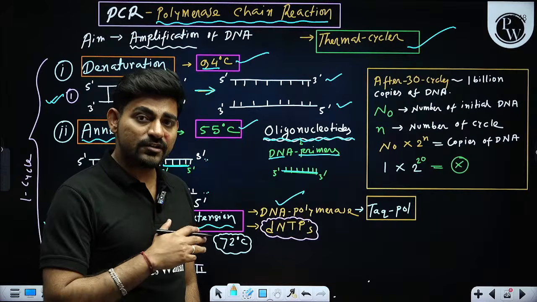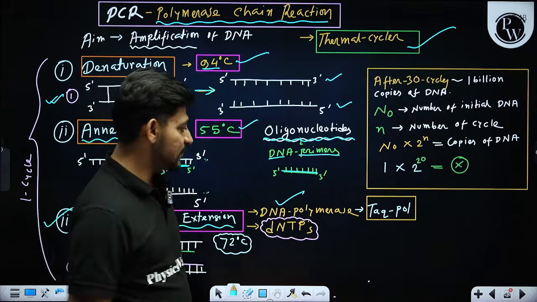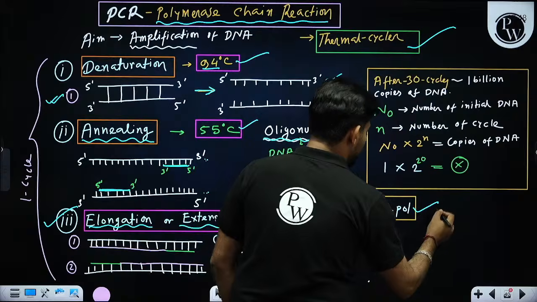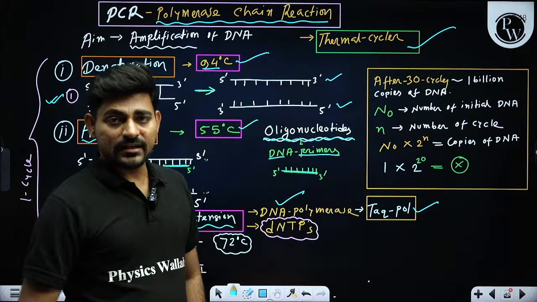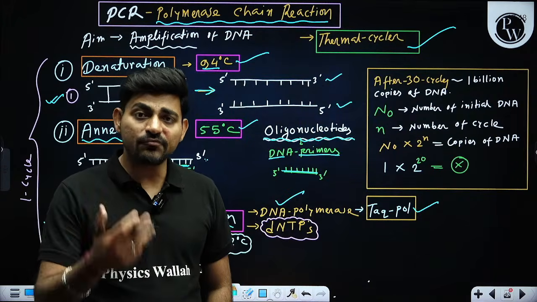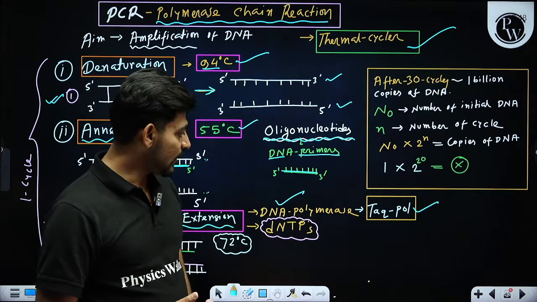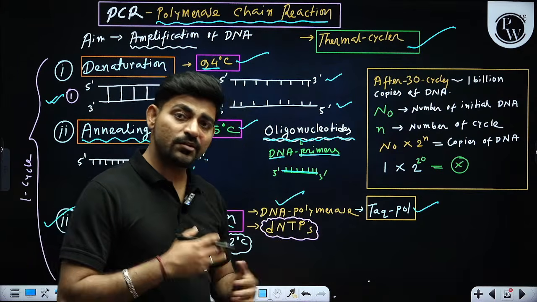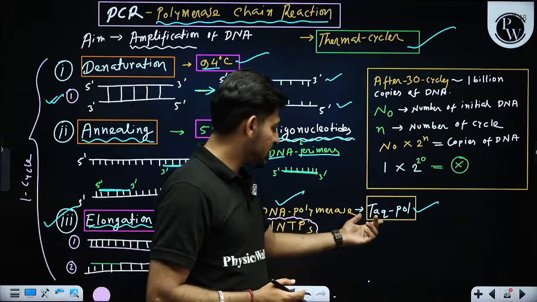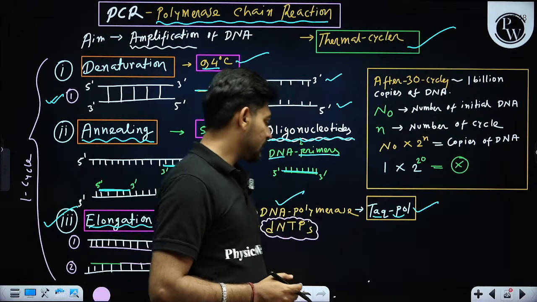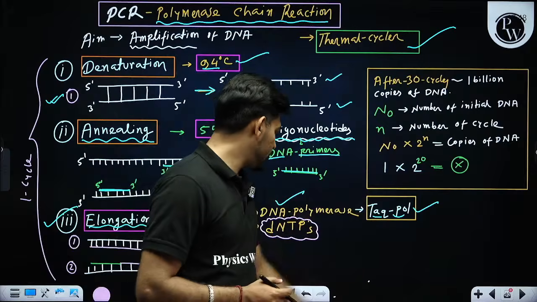That polymerase will not get destroyed at high temperature, and that is obtained from Thermus aquaticus, a thermophile bacteria, and the DNA polymerase of Thermus aquaticus is named as Taq-Pol, Thermus aquaticus DNA polymerase.